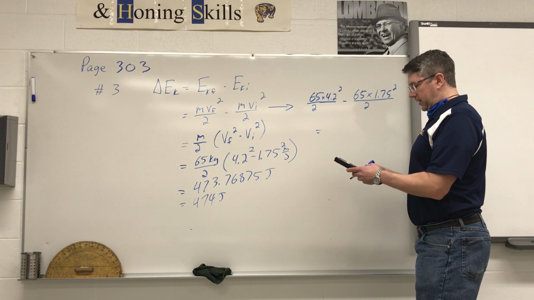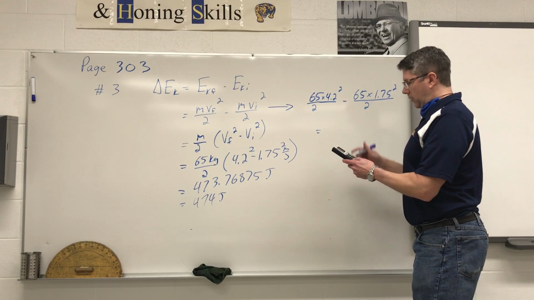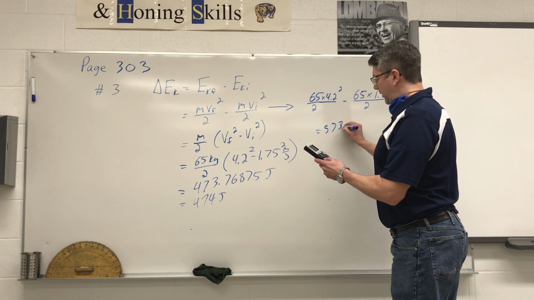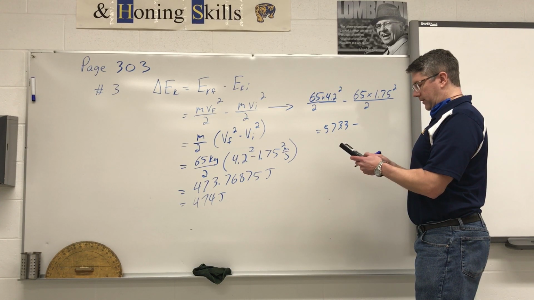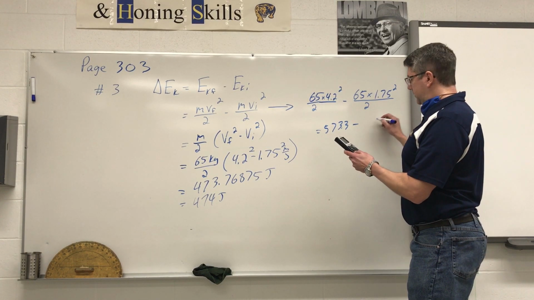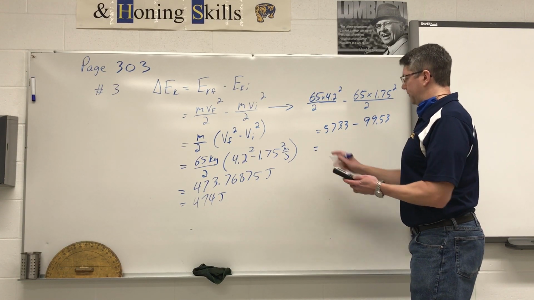And when we plug all of that into our calculator, 65 times 4.2 squared divided by 2, we end up with 573.3 minus 65 times 1.75 squared divided by 2 gives us 99.53 joules.